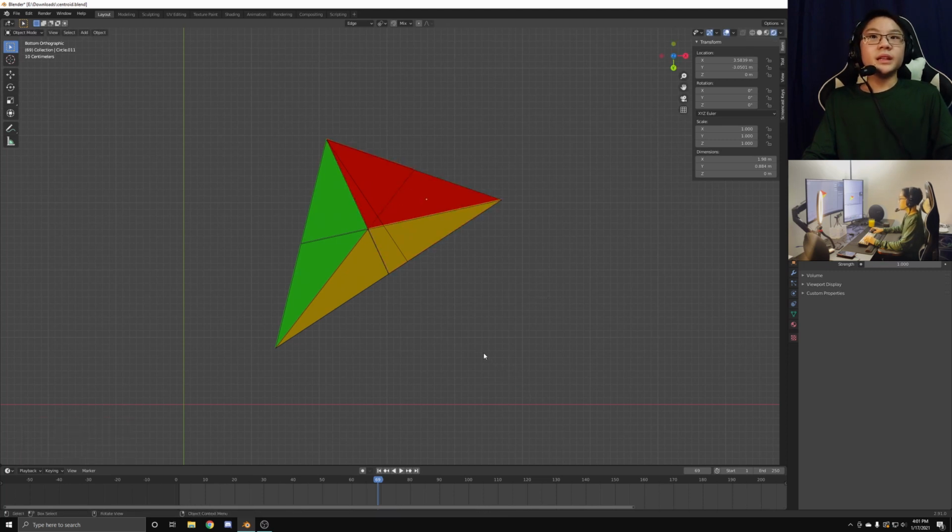Okay, now that we know that the area of this triangle right here is equal to the area of this triangle right here, because the base and height are the same for both of these triangles, now it is time to prove that all these triangles have the same area.